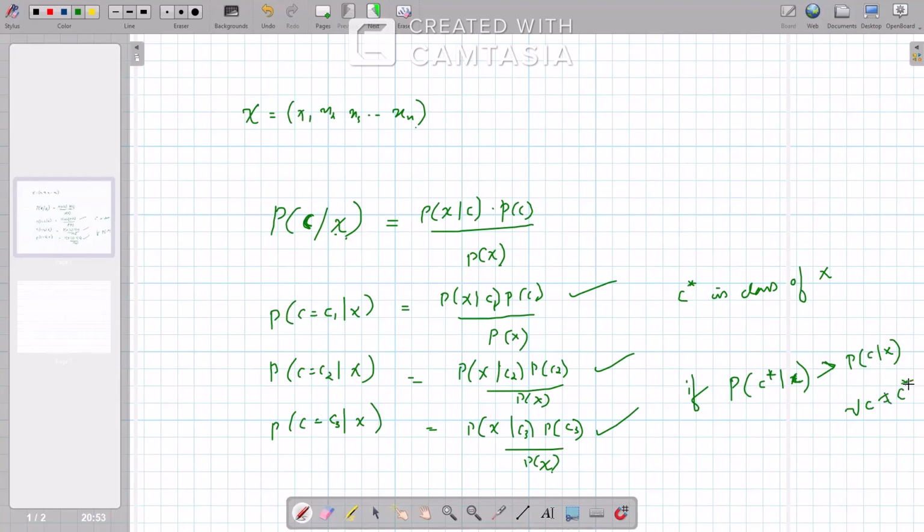Is it clear? If the probability of C star given X is greater than the probabilities of all the other classes, then we can say C star is the mapping of X. Is that clear?